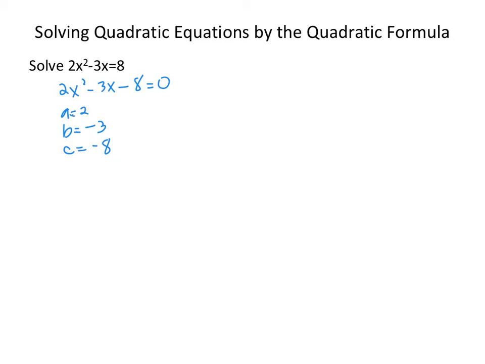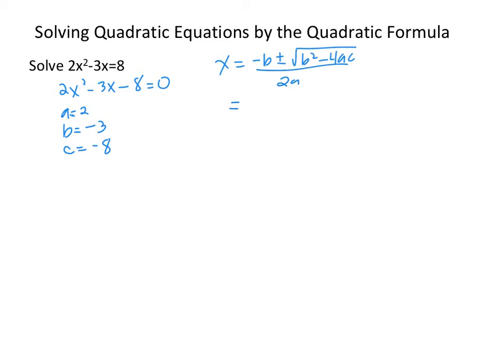From there, I'm going to write my quadratic formula again and substitute in my values. So x is equal to negative b plus or minus the square root of b squared minus 4ac, everything over 2a. Now I'm going to substitute in my values. b is -3.